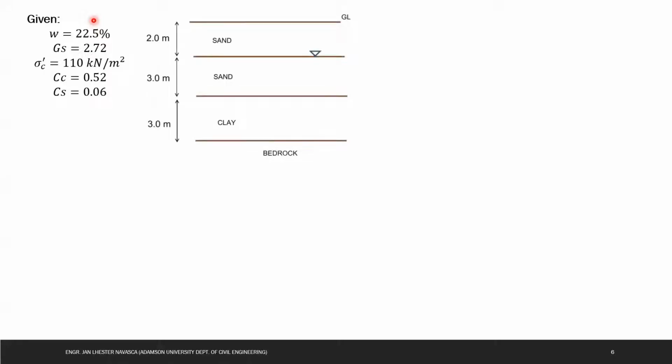Then we have a soil profile. According to the problem, we have 2 meters of dry sand at the top, the groundwater table 2 meters below the ground surface, a 3-meter thick sand that is saturated, and a 3-meter thick clay that is saturated.